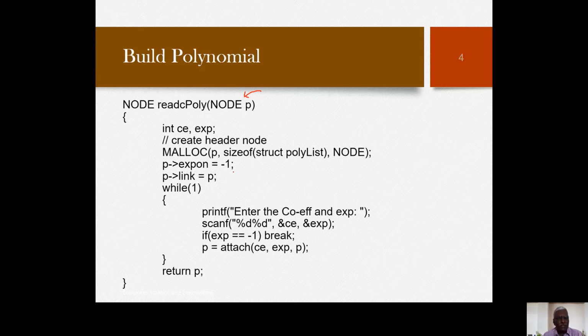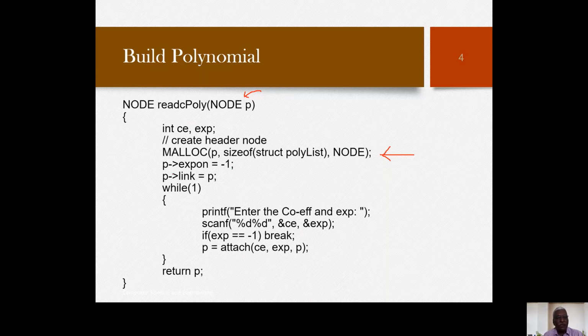The first and foremost job is to dynamically allocate the memory for this P. I am going to use a small macro here because that will be faster, or we can also use the normal method of P equals, cast to node, then sizeof struct, all that. So any method is okay. This is a faster way of getting our malloc allocated for our pointer variable called P. Right.